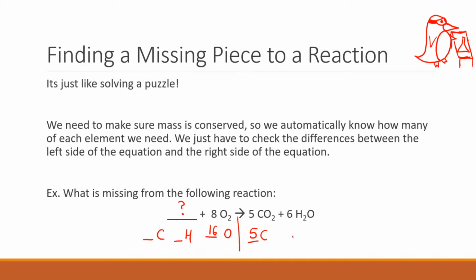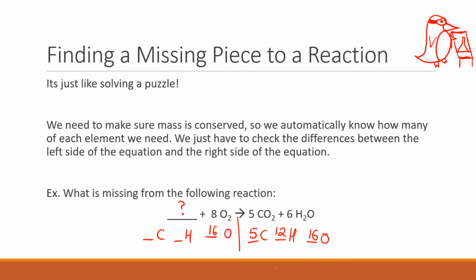It's going to give me 10 O's. It's going to give me no H's. 6 waters is going to give me 12 H's and an additional 6 O's, which is going to bring our total number of O's to 16.